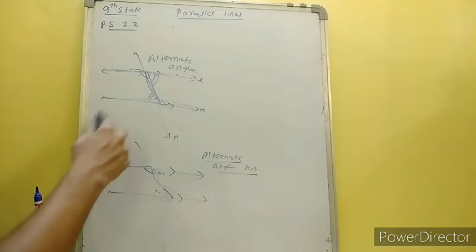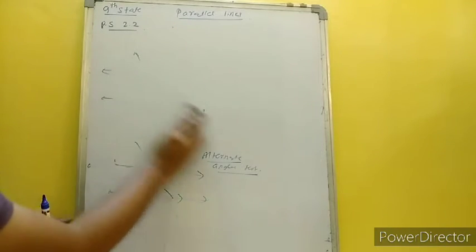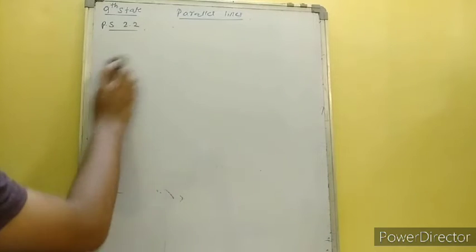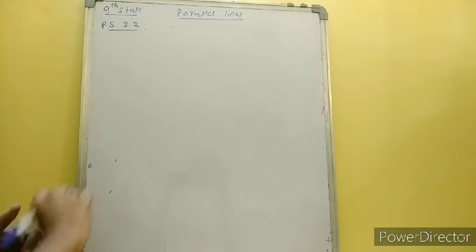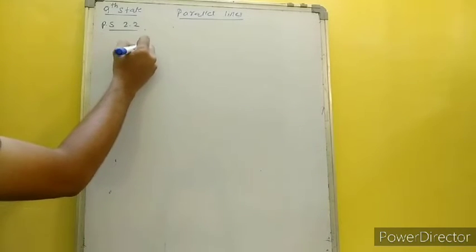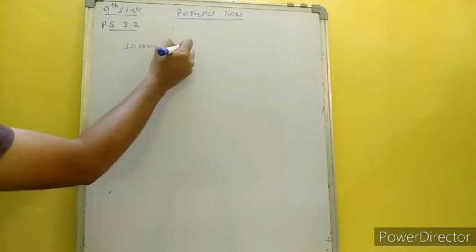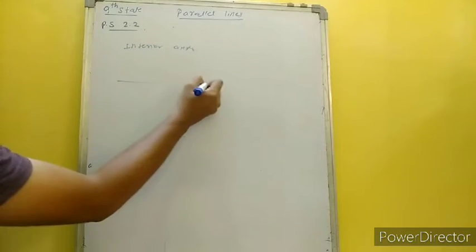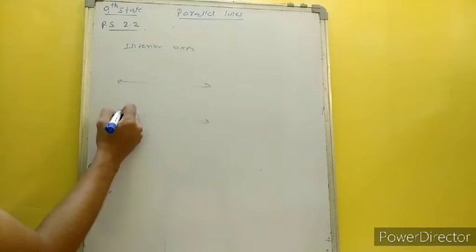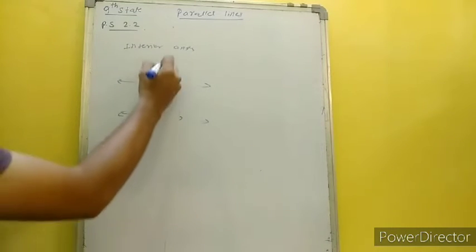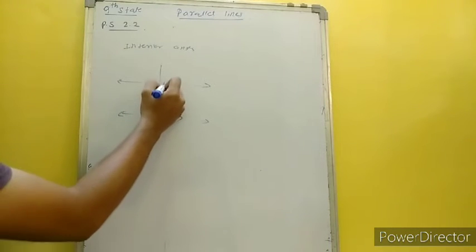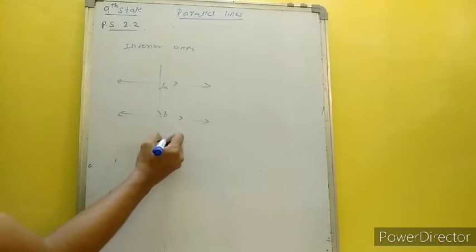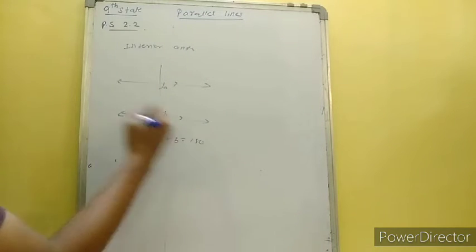We will see also what is interior angle and interior angle test. So interior angles. What is there in interior angles? We have two lines which are parallel and angles in the interior, that is A plus B, will give me 180.